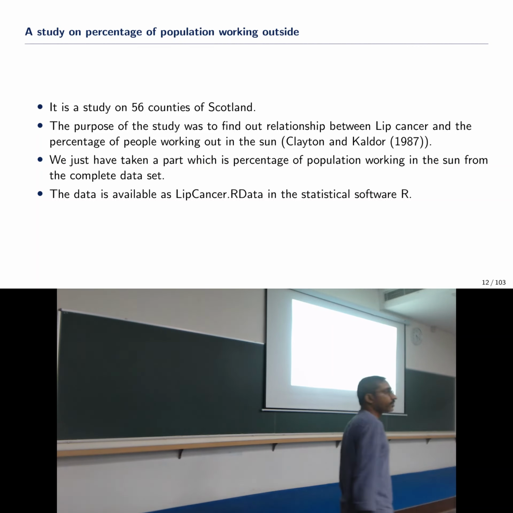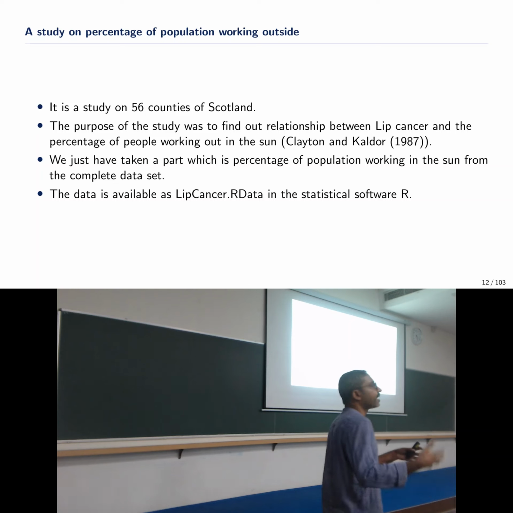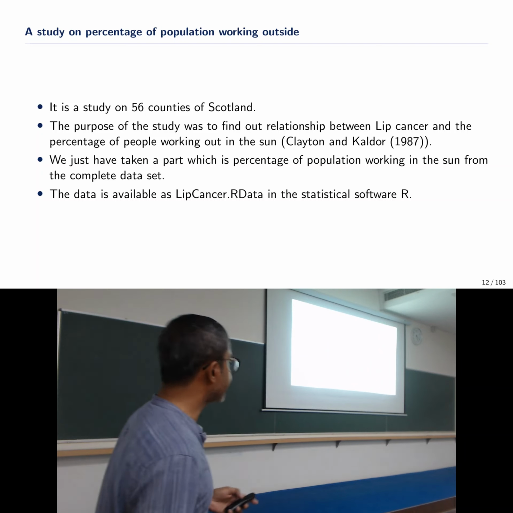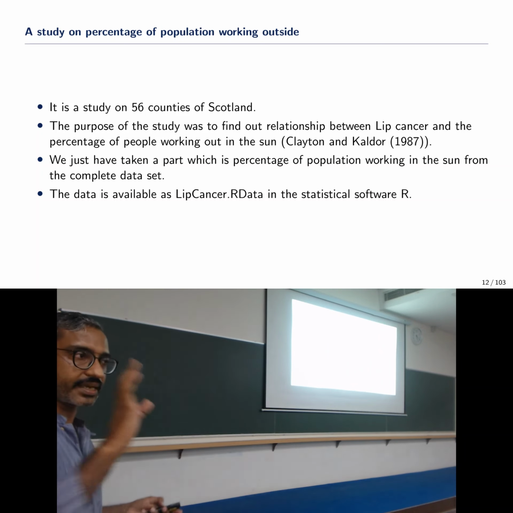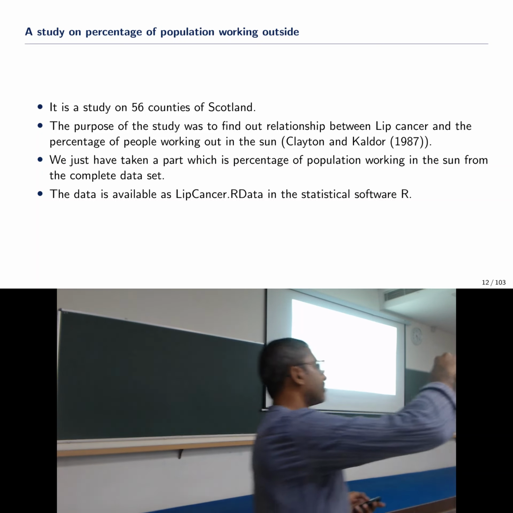They worked with lip cancer, and they tried to get a relationship between the number of lip cancer cases and the number of persons who are working outside in the sun. I have taken only a part of this data set, just the number of persons working outside in the sun.